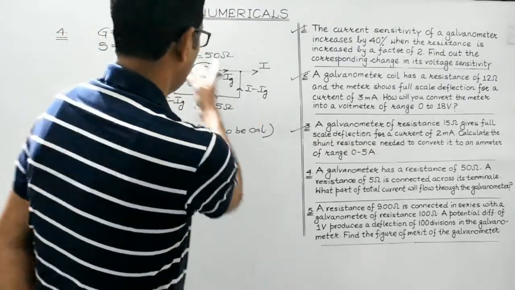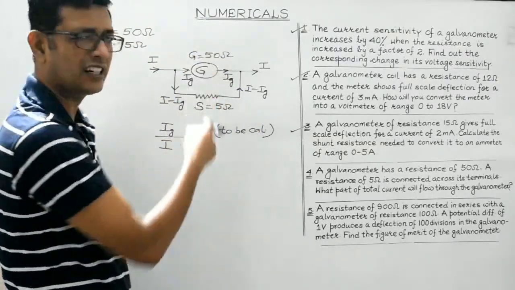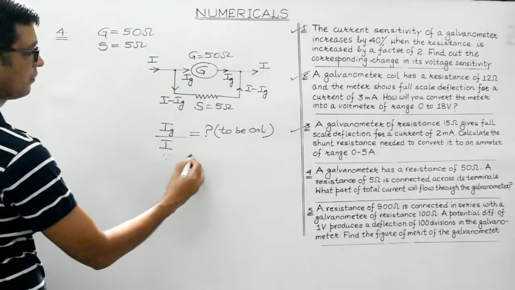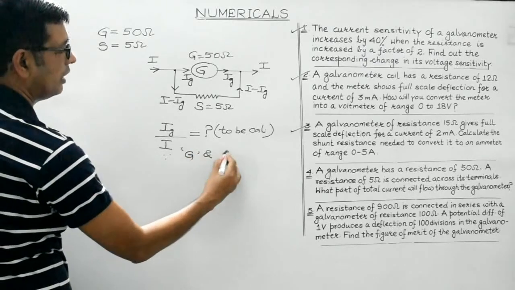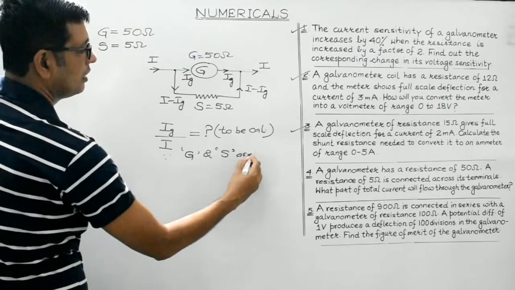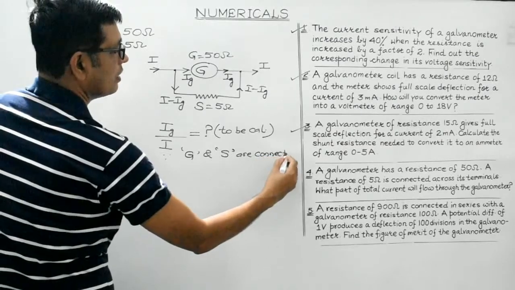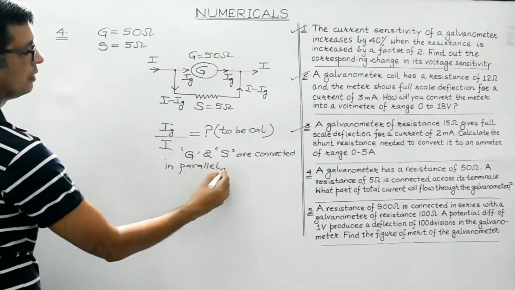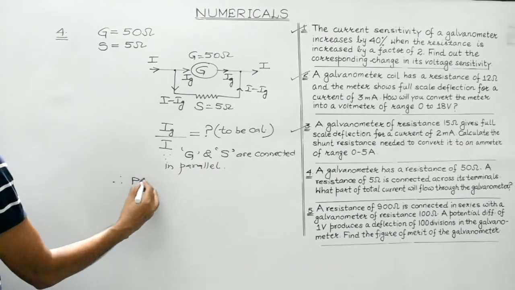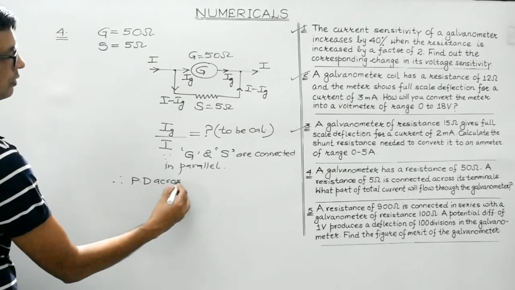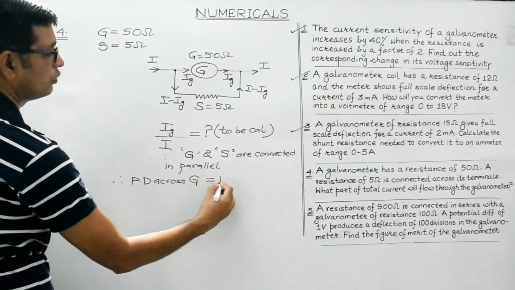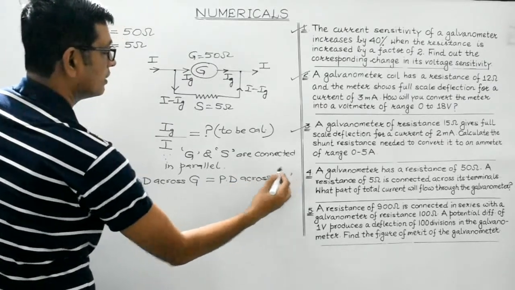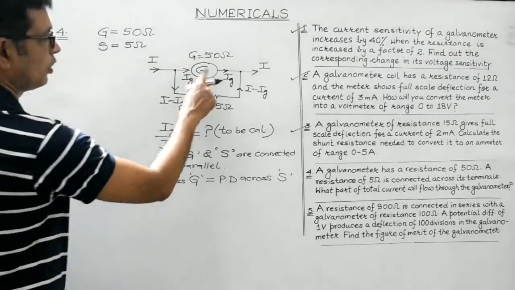Now as I told you, these two, they are connected in parallel. In parallel, the potential difference is constant. So since galvanometer and resistance S are connected in parallel, therefore PD across G would be equal to PD across S. So what is the potential difference across G?